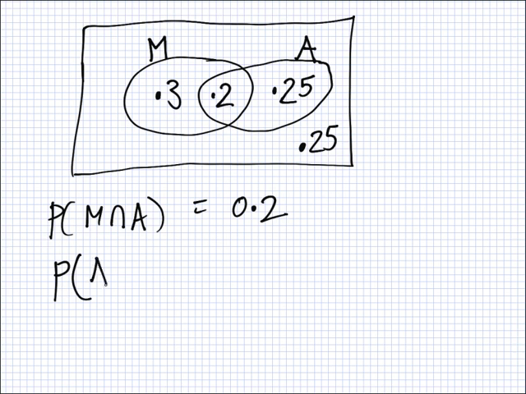A given M. So you're just looking at the males and you want to know the probability of being accepted. Okay, so what would that be here? Well, according to my formula, it would be 0.2 over 0.5, which in this case is 0.4.